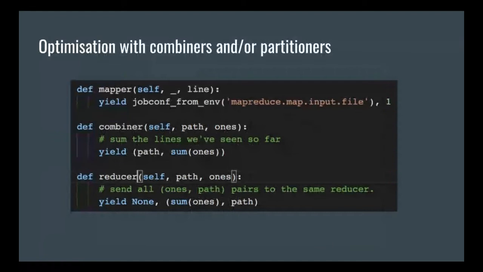Next, please. So for the combiner, we decided to make the combiner the previous reducer. So we are summing the lines we've seen so far, and then in the reducer we are making a tuple of ones and path, so that next we can find the file with the max lines, or the file with the minimum lines.